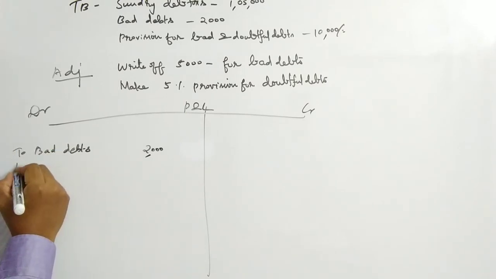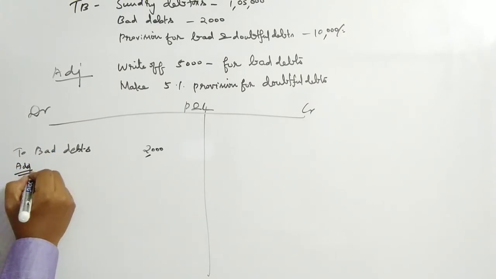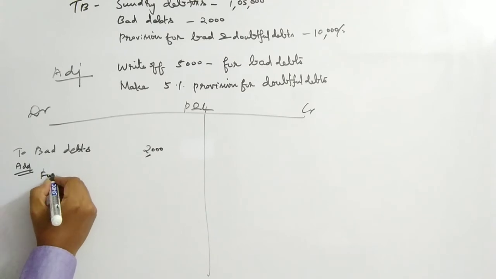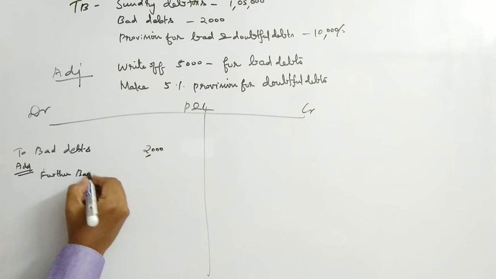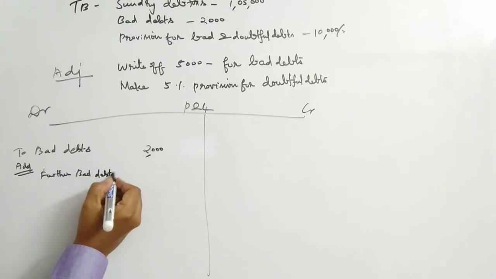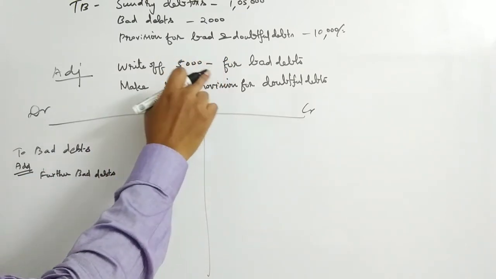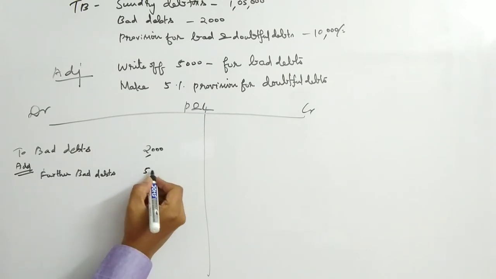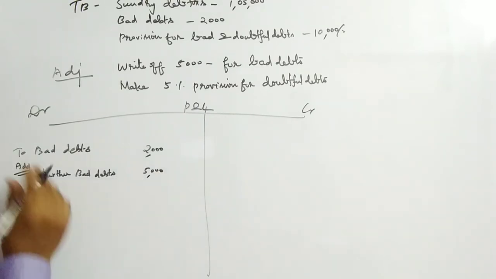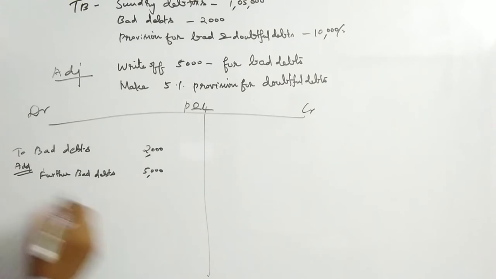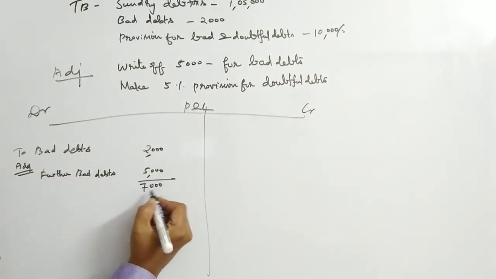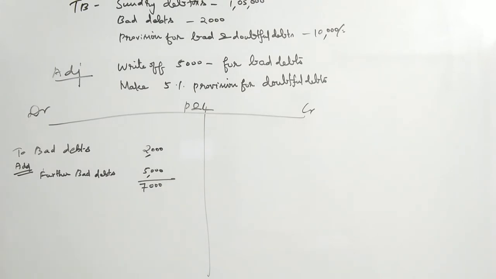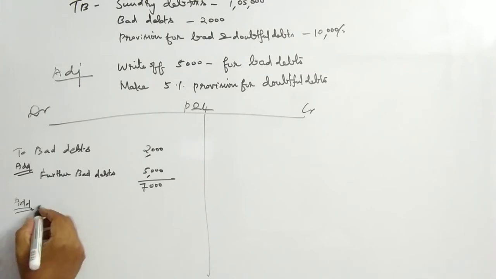Then add further bad debts, that is the adjustment bad debts, 5,000. That is added to the existing trial balance bad debts. What is the total value? 7,000.